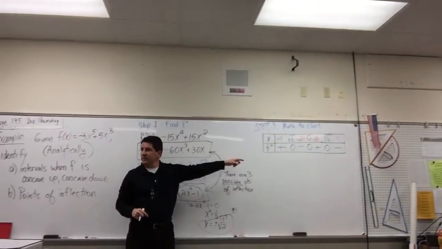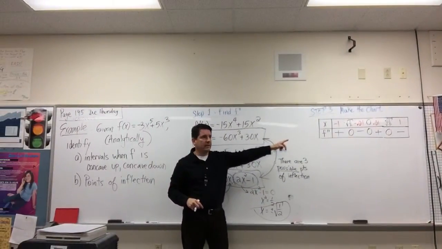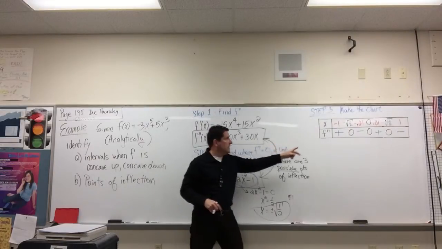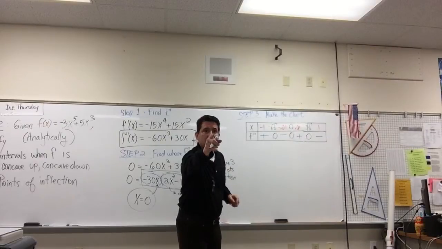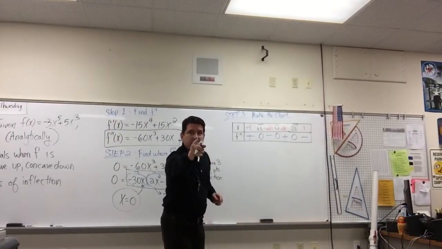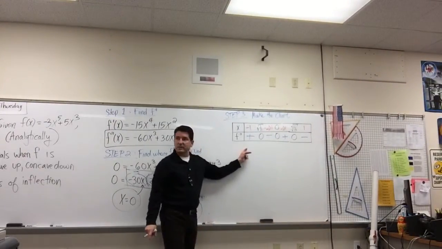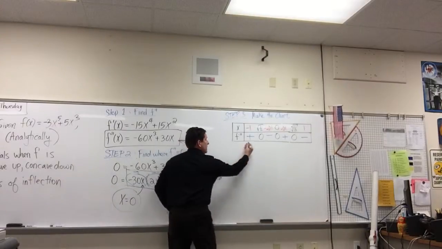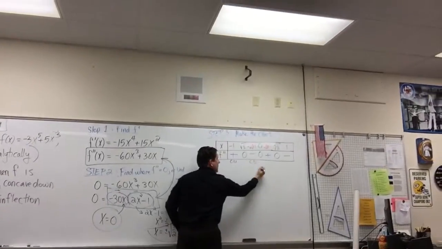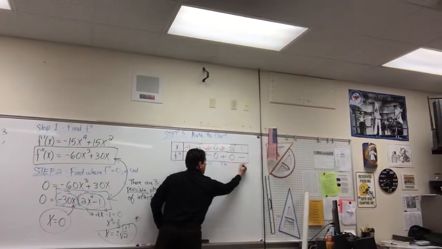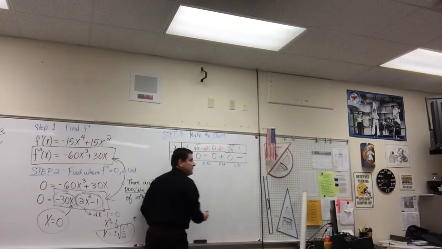This tells you everything you need to know now about how to find out where the function is concave up or concave down. This is exactly like the picture back there, but the picture is a visual, this is a chart. So look at, this is where the function is concave up, concave down, concave up, concave down.